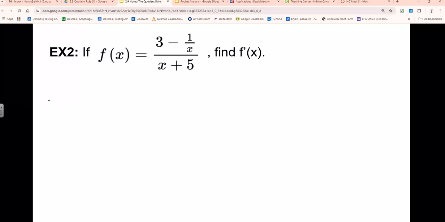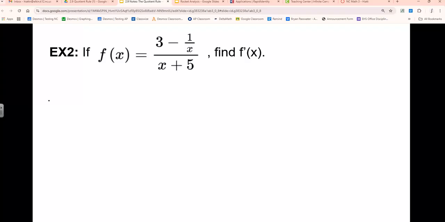First, I've got a complex fraction, and I don't like complex fractions. If I just take the derivative like it is right now, I have to do a quotient rule inside of a quotient rule because I've got 1 over x, which would require the quotient rule. And I really don't want to do that. You could get the right answer doing that, but it would be terrible.